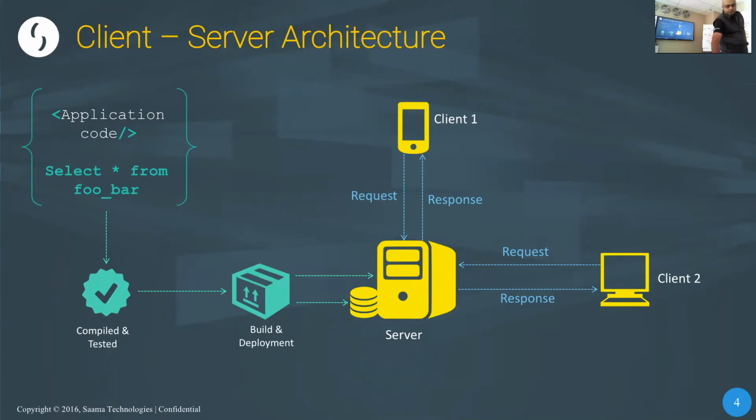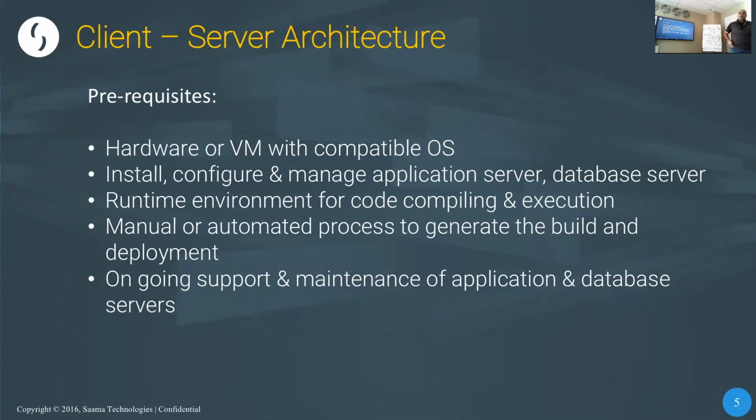So when you have this approach, what are the prerequisites? You need to have machines. It can be hardware, can be VM. You need machines for your application server as well as database server. Right? So let's take an example that we are building a Java-based application, which is a transactional application. Net banking, right? So as a client, you'll have your browser on your laptop, desktop. You can just do your net banking login, or you have an app on mobile, right?